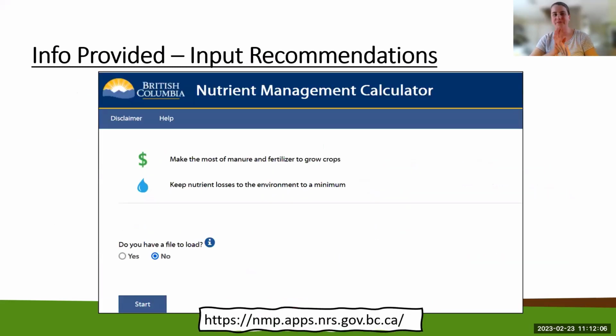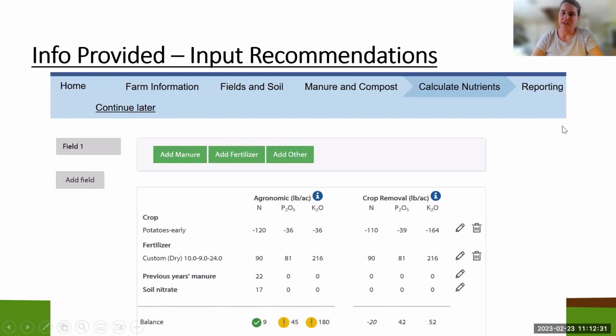Okay, so moving away from the report cards into the input recommendations option. With the input recommendations, I essentially take all that information I was using for the report cards and put it into this nutrient management calculator that has been developed over the past several years by the BC Ministry of Ag and Food. In this calculator, I put all that information in, and I'm able to play around with different input options.